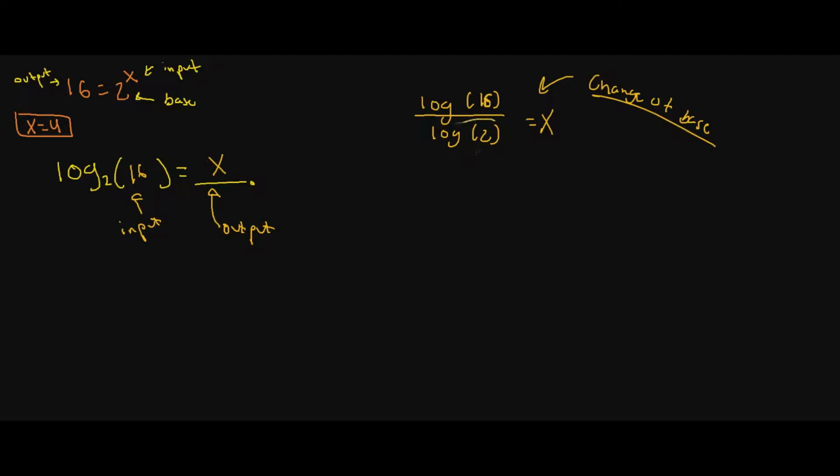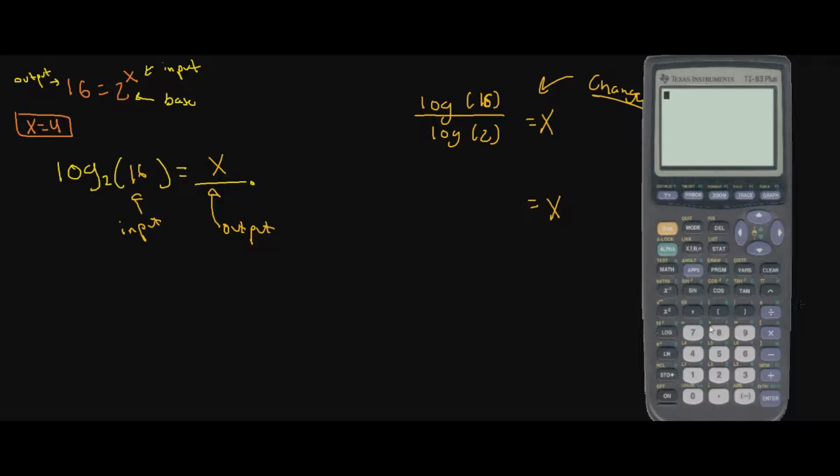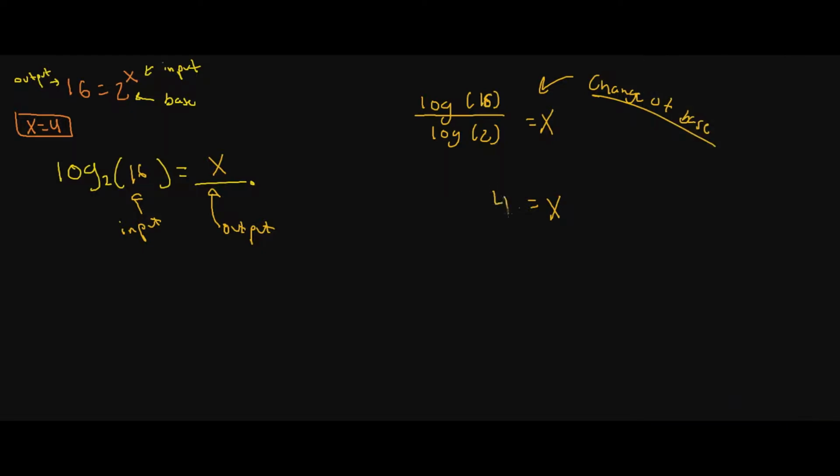Just remember that the log base should always go on the bottom. We are going to get our answer, which is, let's type it in. So the little trick, log of 16 divided by log of 2. And if you look at that, exactly what we got, we get 4.